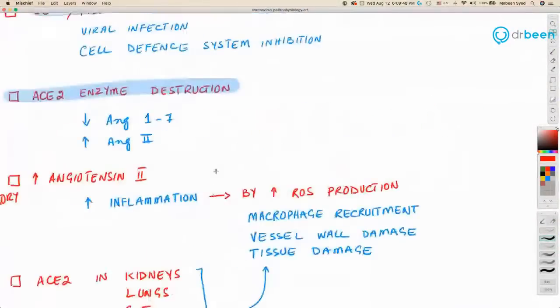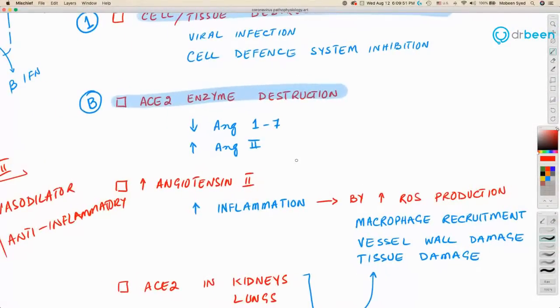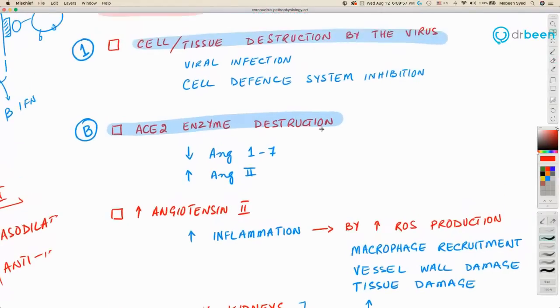So if I come back here, what will happen is that when the ACE2 enzyme is destroyed or internalized into the cell, angiotensin 1 to 7 is reduced, angiotensin 2 is increased, and the result is inflammation. So now please realize that this is not an immune system dysregulation.